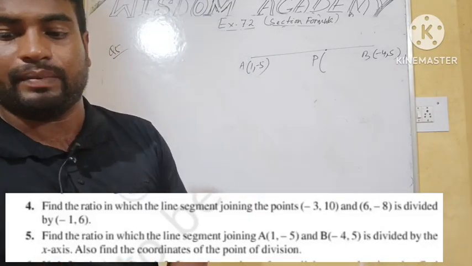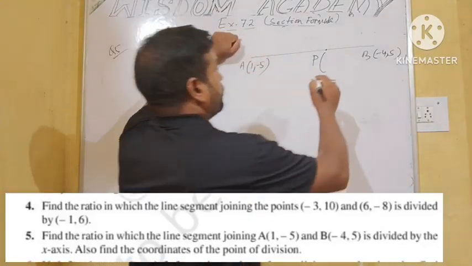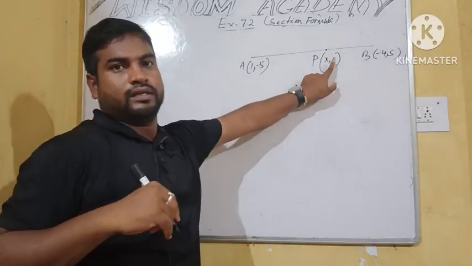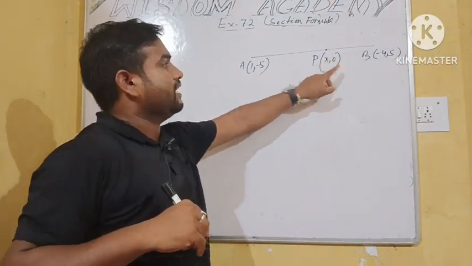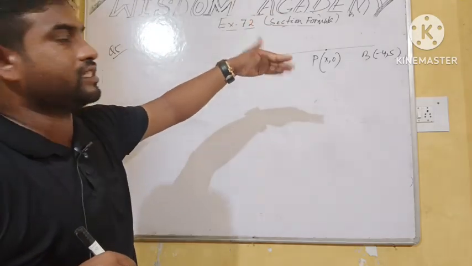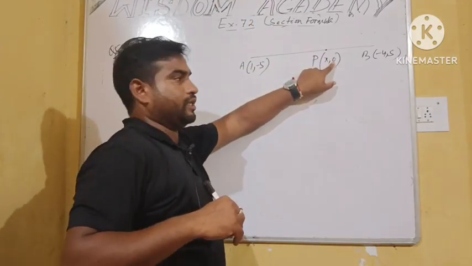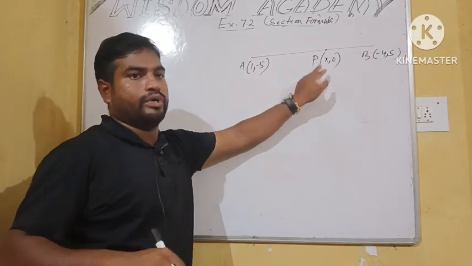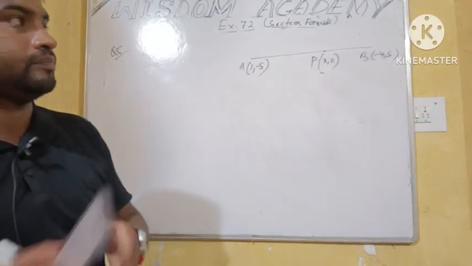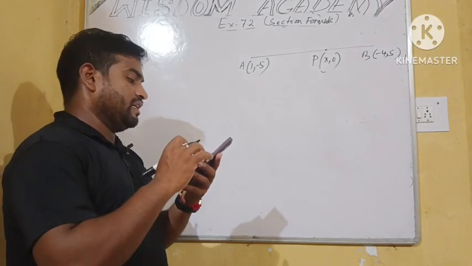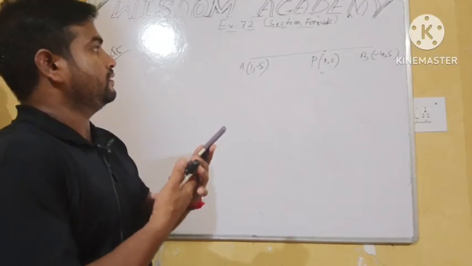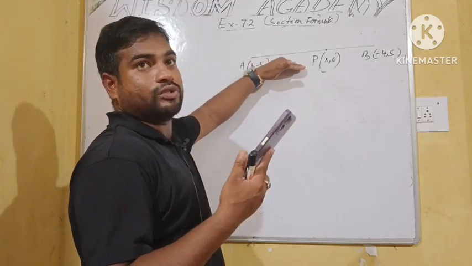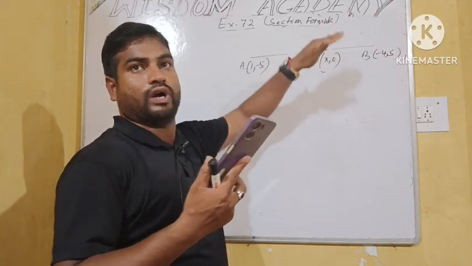If it is divided by the x-axis, then y must be 0. At any point on the x-axis, y must be 0. So the required point P, which divides AB internally, in which ratio? Suppose the ratio is k is to 1.